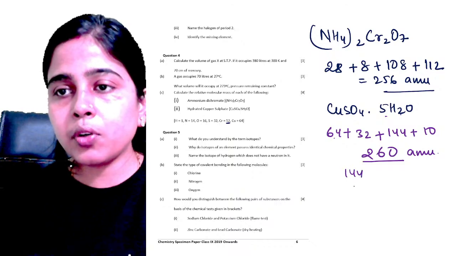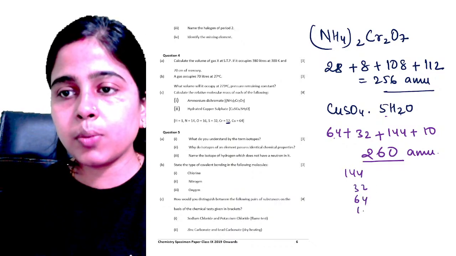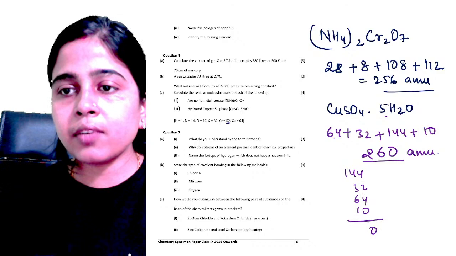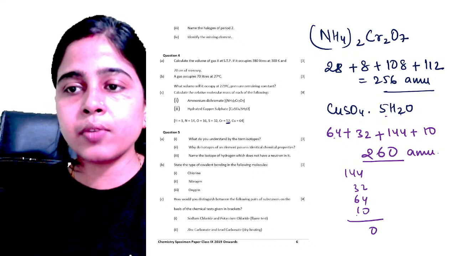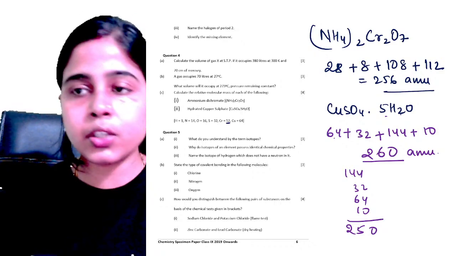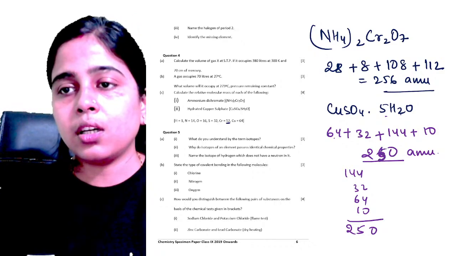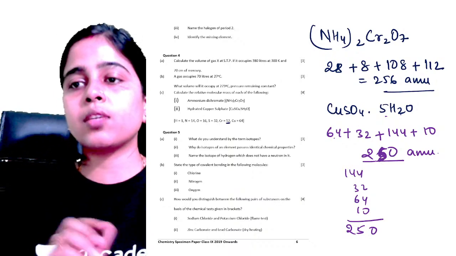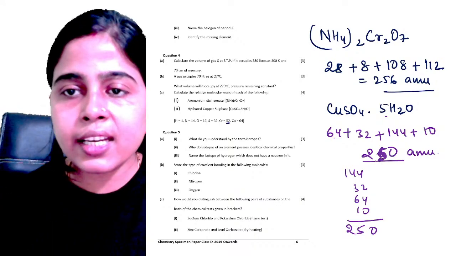So 144 plus 32 plus 64 plus 10. 4 4 8, 2 10, 1 carry, 6 4 10, 3 13, 1 14, 15. Okay, yes. Thank you, Harsh. It's 250 AMU. So one calculation mistake was there. So this was all. Very easy question.